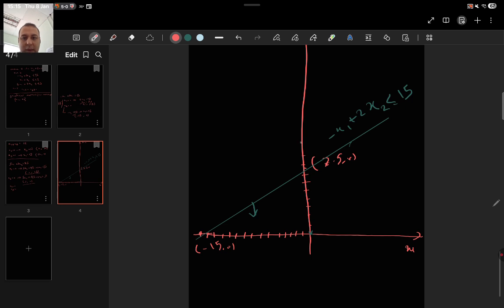Counting 8, 9, 10, 11, 12, 13, 14, 15 here, and 1, 2, 3, 4, 5, 6, 7, 8, 9, which is here. So I make it with this color. It's difficult. I make it with this color, which is this line.